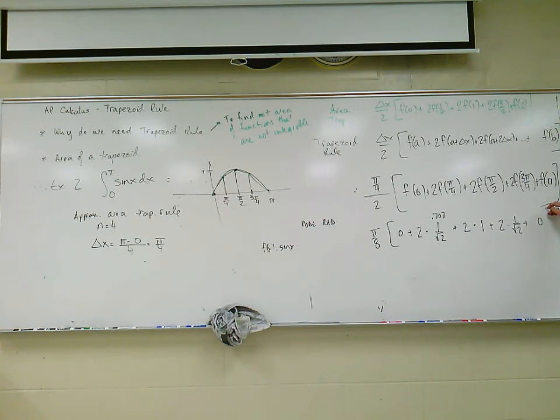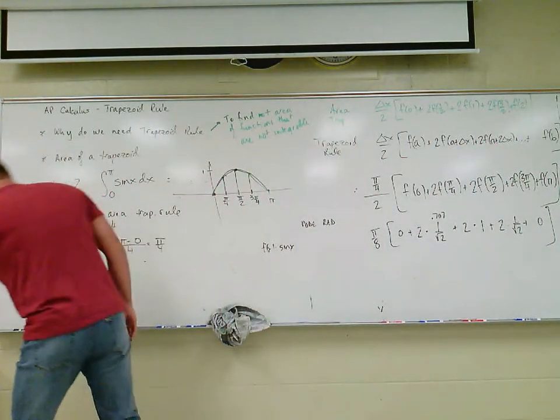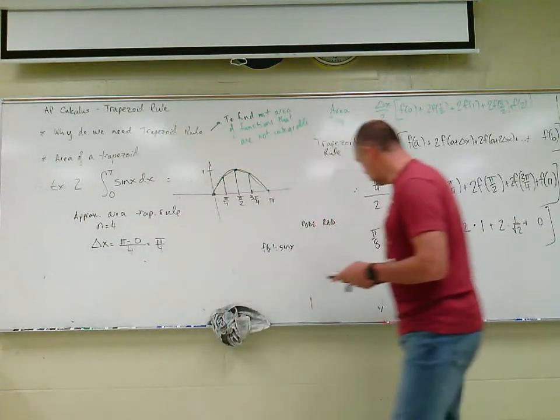All right, so at this point, I'm going to use my calculator to add all this up, multiply by pi over 8, and see what we get. You guys can work along with me.